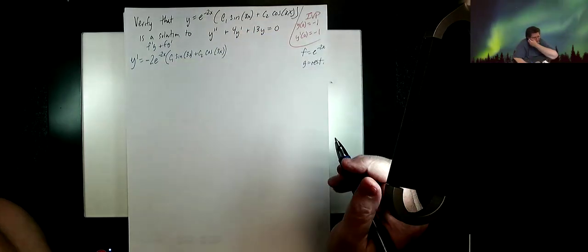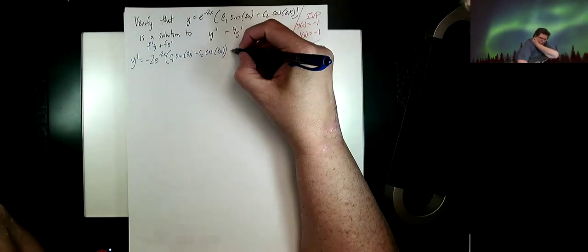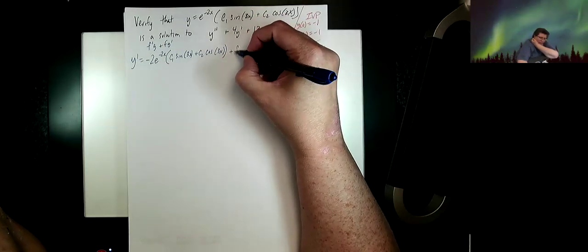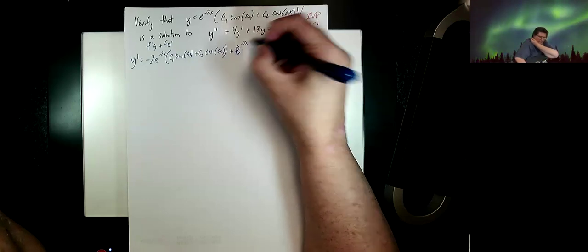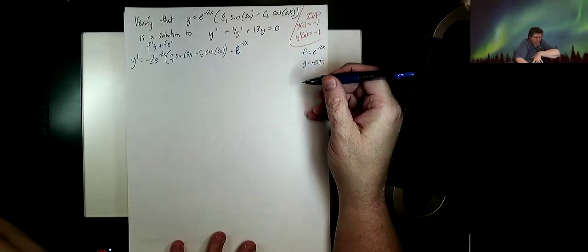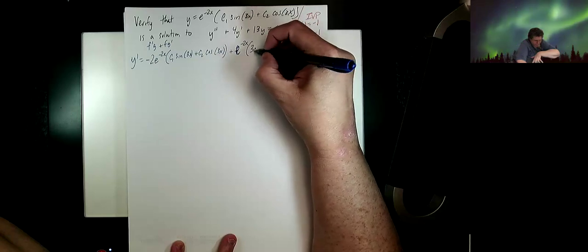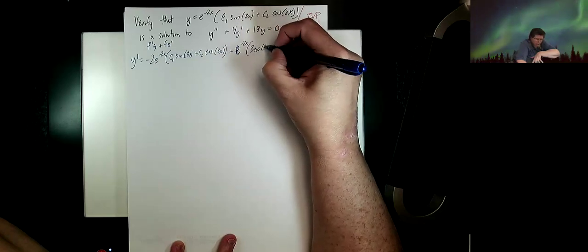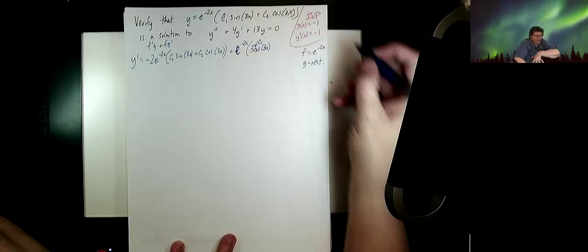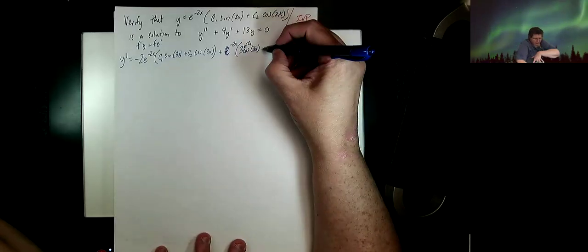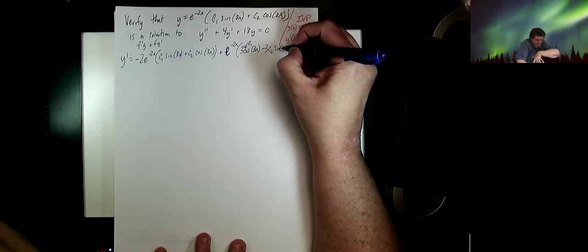That's my F prime G. And then my FG prime is, oh, got to put it in, e to the negative 2x for F. Sine goes to cosine, stays positive. We bring out the 3. And I need a C1 in there. And cosine goes negative, minus 3C2 sine of 3x.